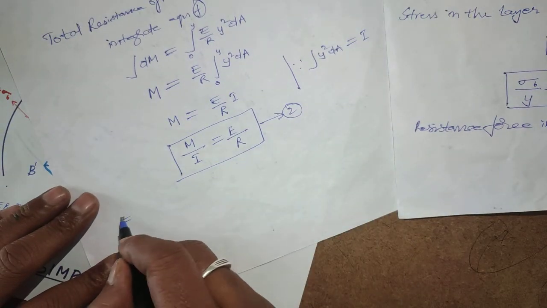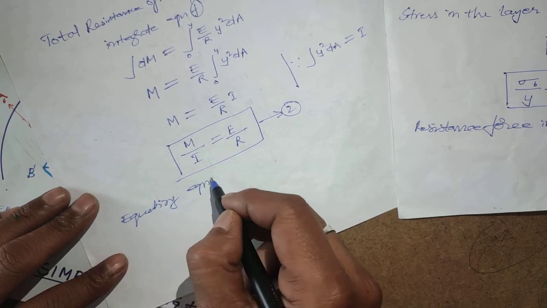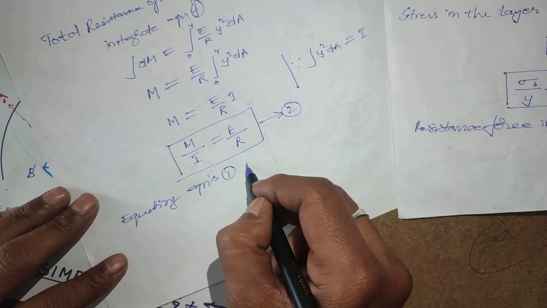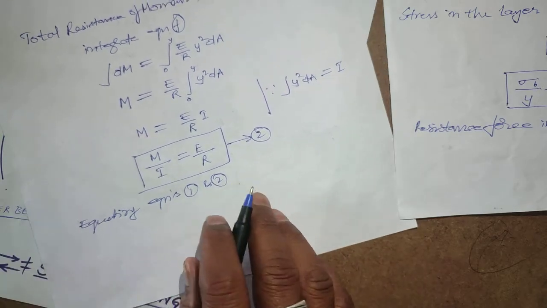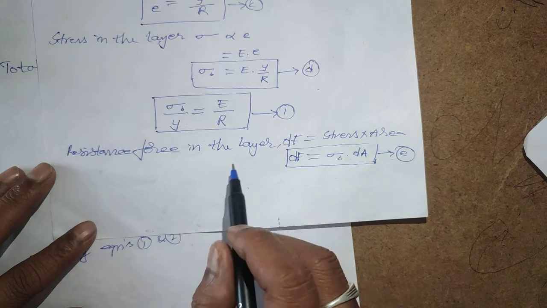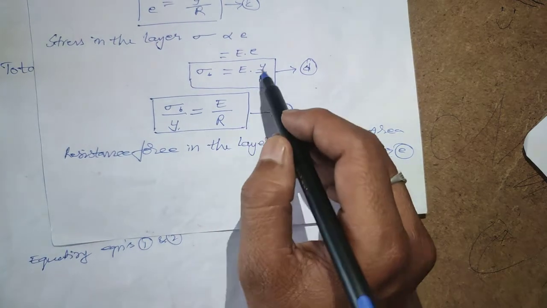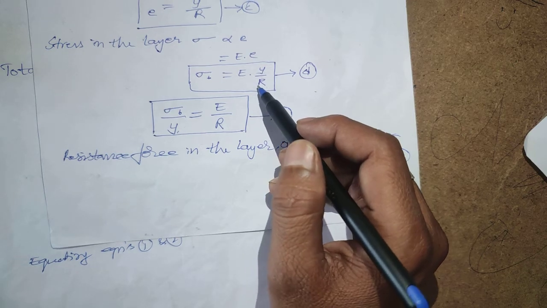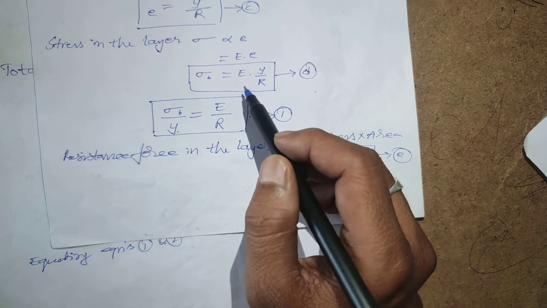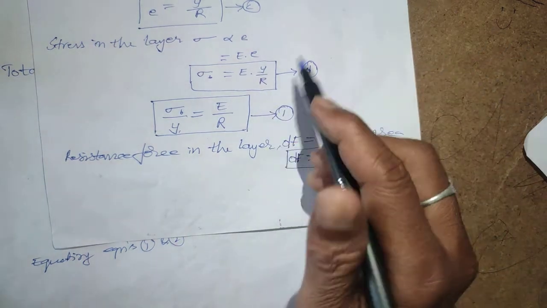Equating 1 and 2. What is equation 1? Equation 1 is this one: sigma b by y is equivalent to E by R. By using this equation, you can calculate the bending stress anywhere along the cross section, along the depth.